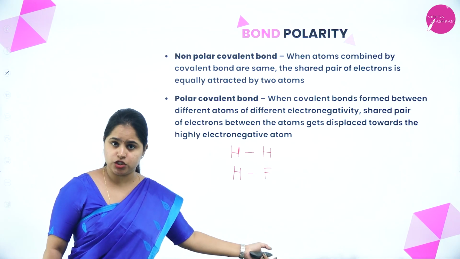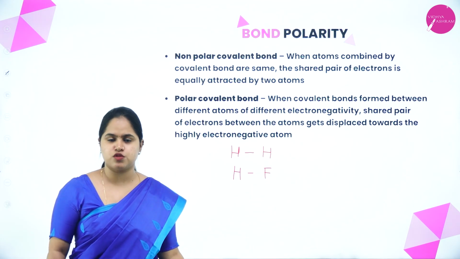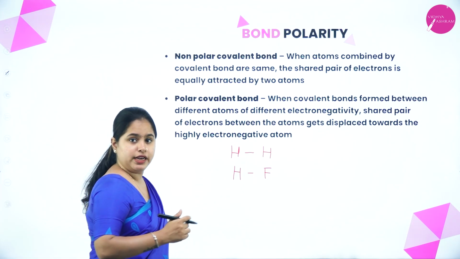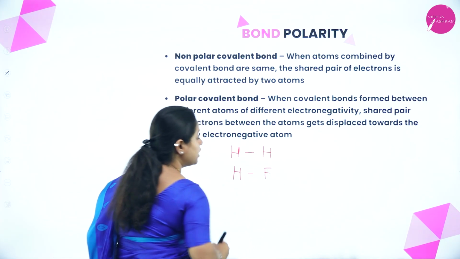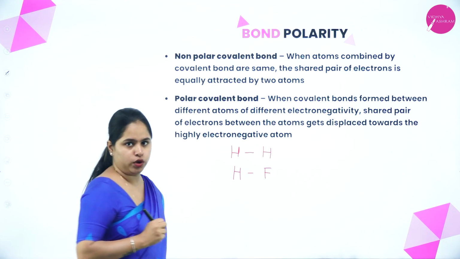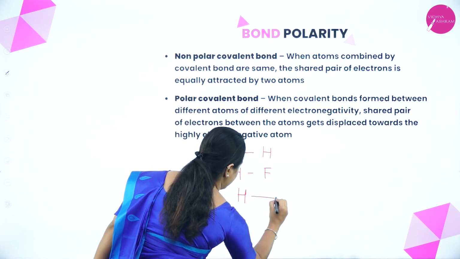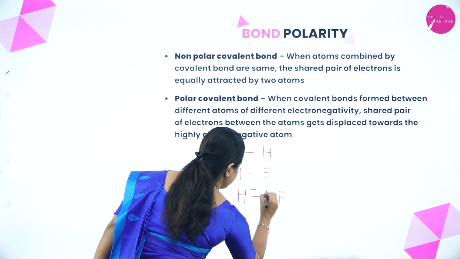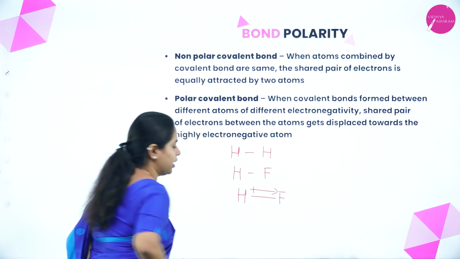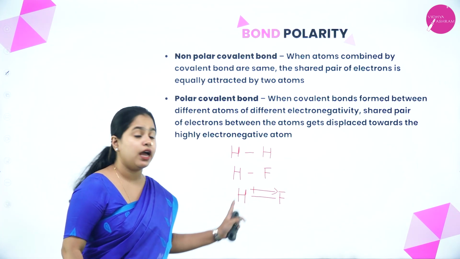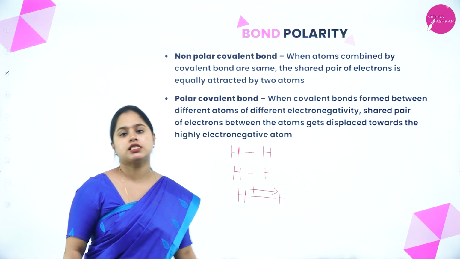In the case of hydrogen and fluorine, of course, we know that fluorine is more electronegative, so this shared pair of electrons will be attracted more towards the fluorine. You can represent it as H and F with this bond.